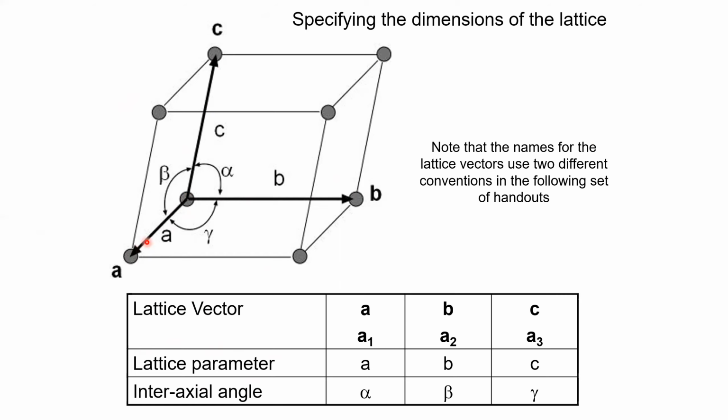Again, A, B, and C. And also we have the interaxial angles, the angles between each pair of lengths. The angle between A and B, we call gamma. Between B and C, we call alpha. And between A and C, we call beta.